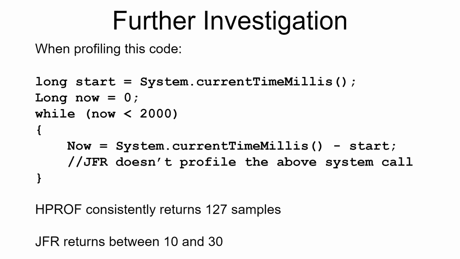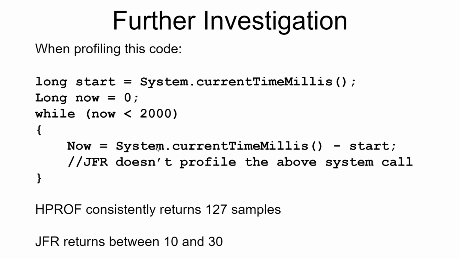It's weird. We're getting way fewer samples with JFR. Although, when you look, the only thing this while loop really does is put the System current time in milliseconds into now, and check if it's been more than 2,000 milliseconds. So this call here, System.currentTimeMillis, JFR actually can't profile this.